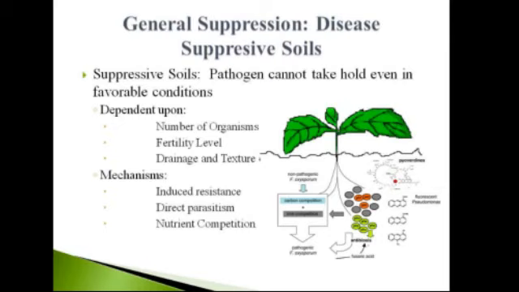Again, high biomass diversity, beneficial organisms that secrete antibiotics that can happen naturally. Again, parasitism, and then limited availability of nutrients being supplied to the pathogens. Having large numbers of organisms, again, is going to create that competition. It's going to limit their food supply for those pathogens.